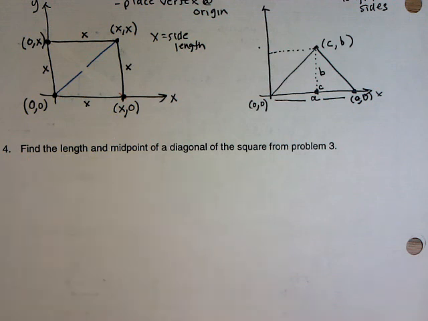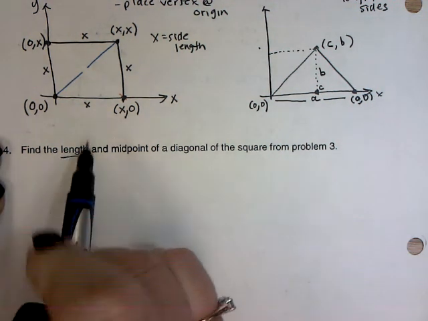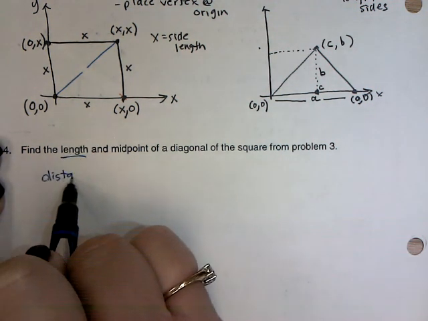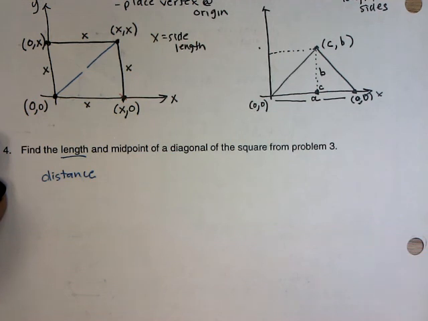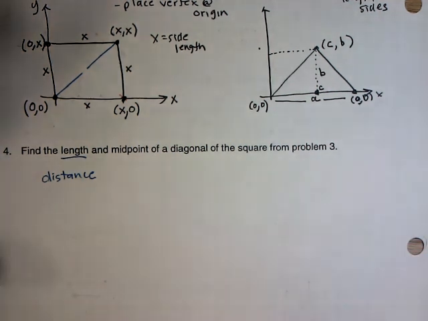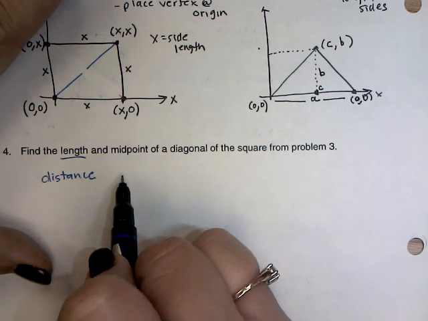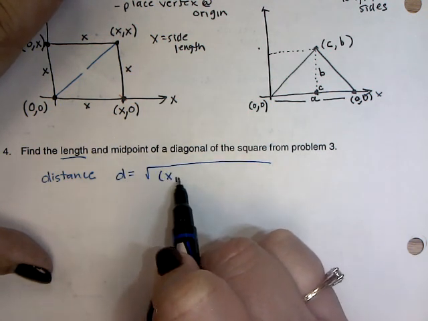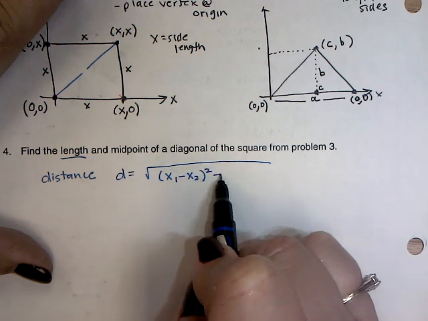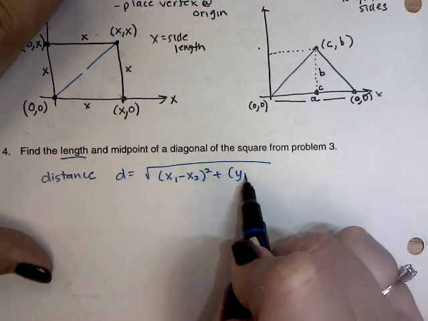I know first I want to find the length, which means distance, our famous, happy distance formula. But now your distance formula is going to be weird, because I'm not going to have numbers. This is where your super smartness comes in. We know that distance equals the square root of the difference in my x's squared plus the difference in my y values squared.